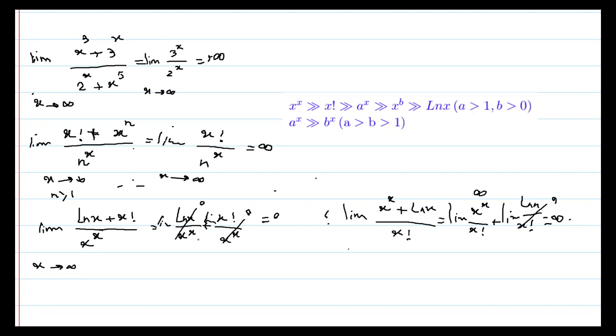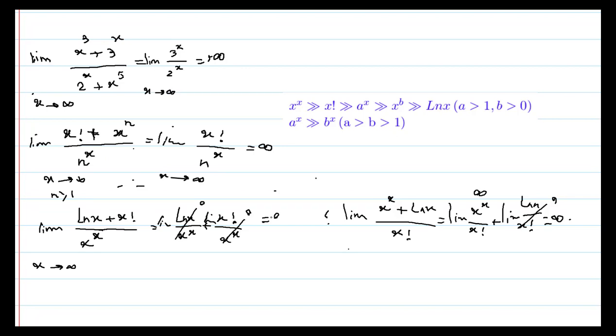Here in ln x over x^x, as you see, x^x is more than ln x, so this approaches 0. And x^x is also stronger than x factorial in comparison, so this also approaches 0, so we get 0 plus 0 is equal to 0.